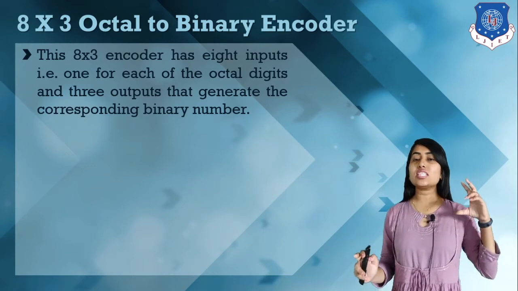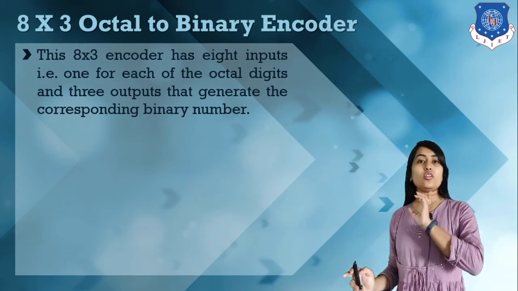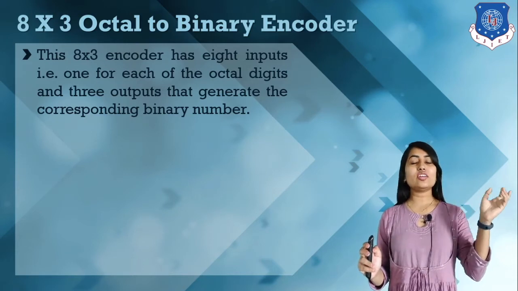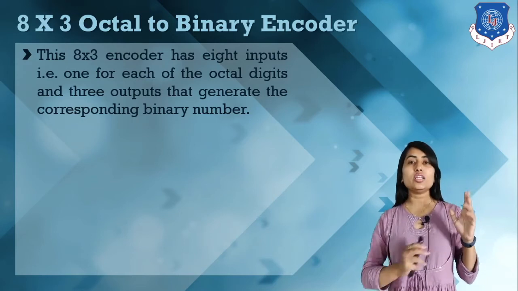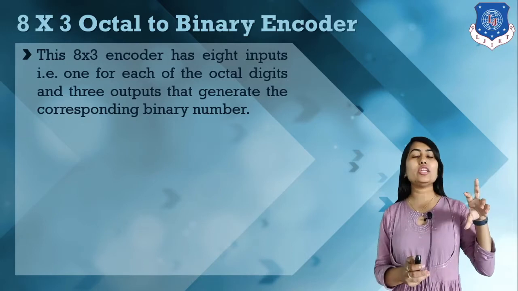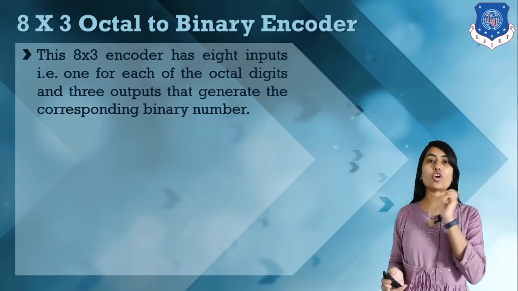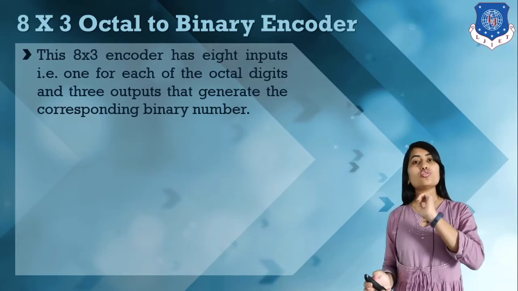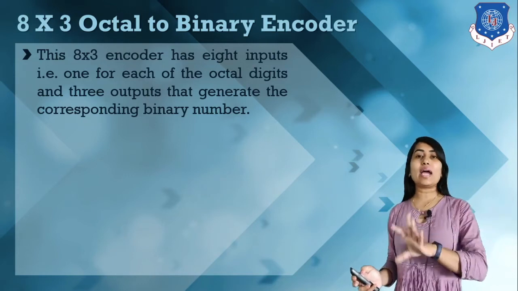So these 8 data are encoded into 3 bits of data. Here we have 8 input lines, that means we have total octal values. These 8 values are converted into binary form. This total octal value is converted into 3 bits of binary. That's why it is known as an octal to binary encoder.